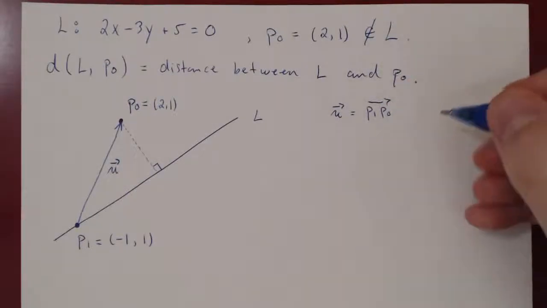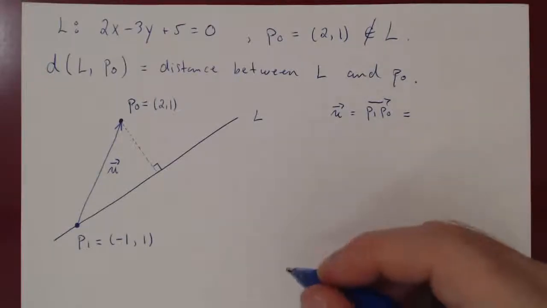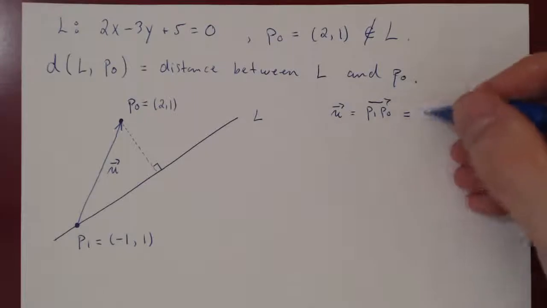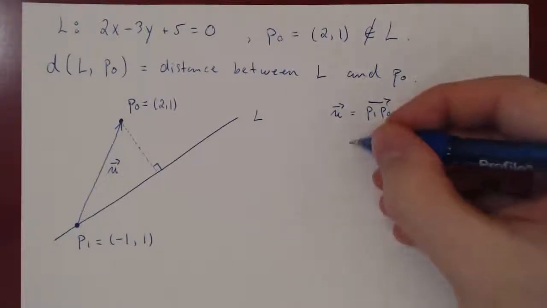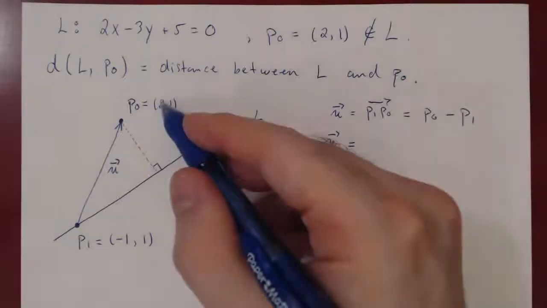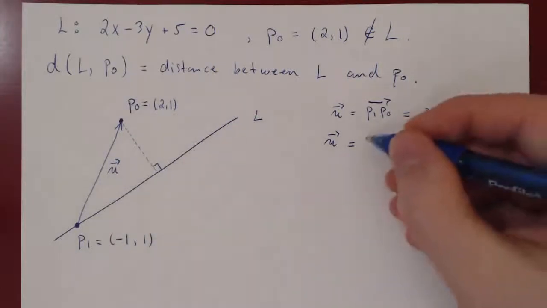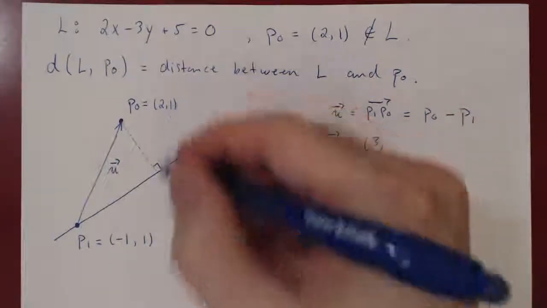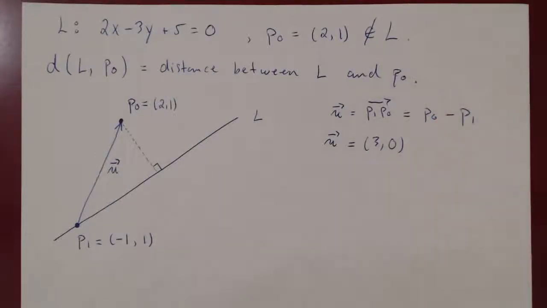And as always, when you want the coordinates of a geometric vector, the algebraic form of the vector, we do the terminal point minus the initial point. And so vector U will be 2 minus negative 1, therefore 3, and 1 minus 1, 0. And so we have the vector (3, 0).